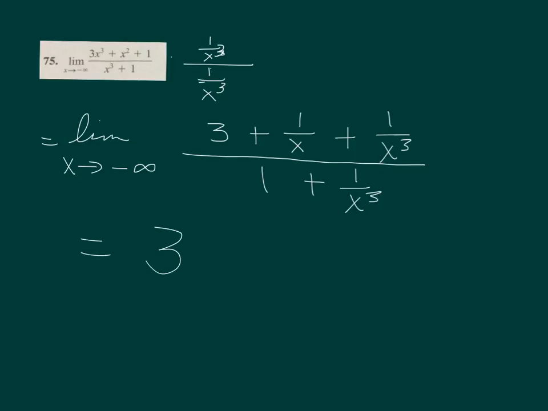You could also consider this problem from the standpoint of graphing a function. So if f of x is equal to this expression that we have here in the argument for the limit, then we remember from college algebra that if the degree of the numerator is the same as the degree of the denominator, then there's a horizontal asymptote at y equals 3 in this case, because we have 3 divided by 1.